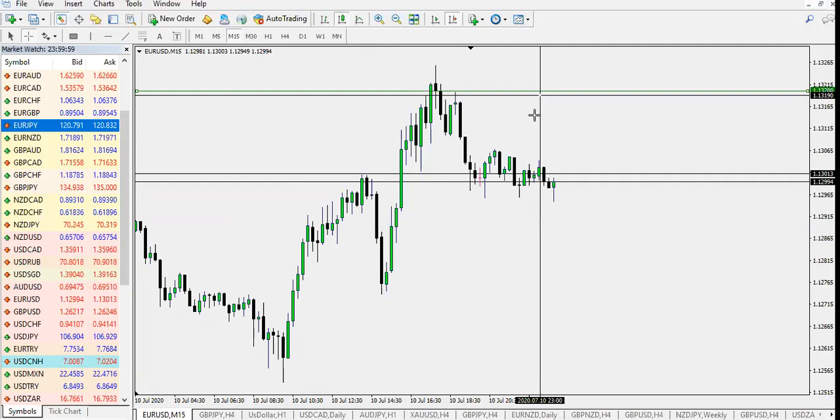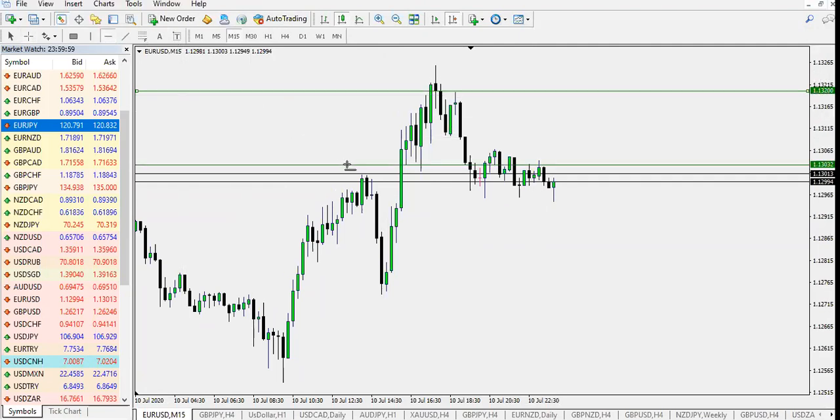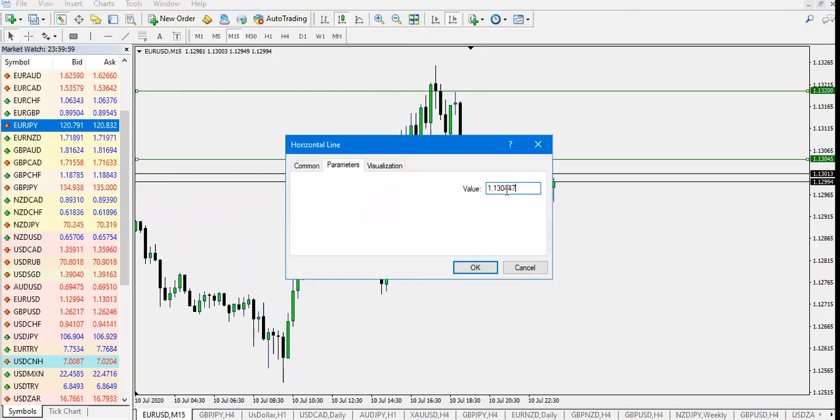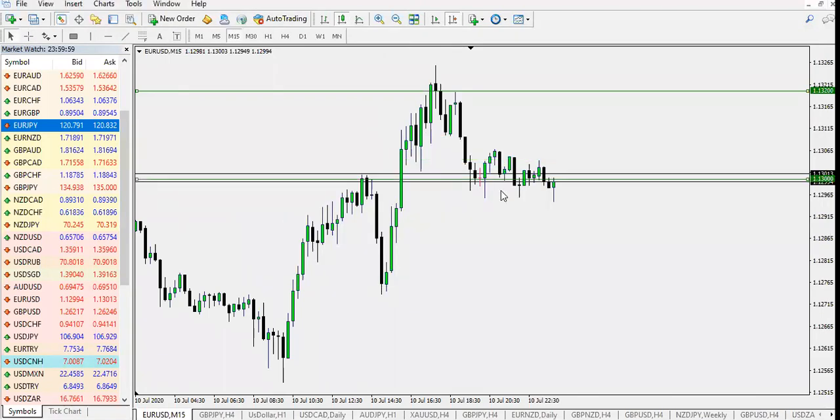Okay, so if we add our next IPL over here, which is the big figure or round number, we can see here that price basically traded up into the IPL over here. The IPL rejected price and it rallied back up.